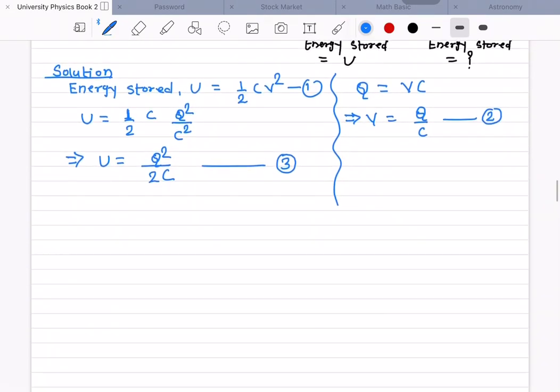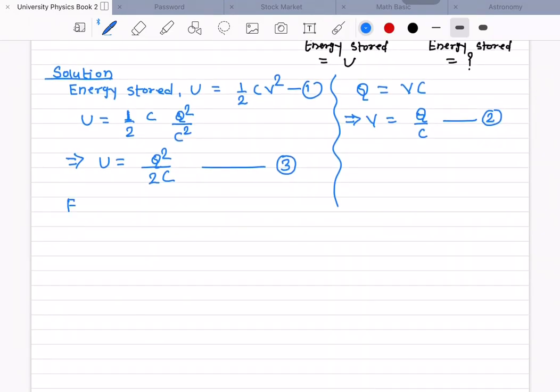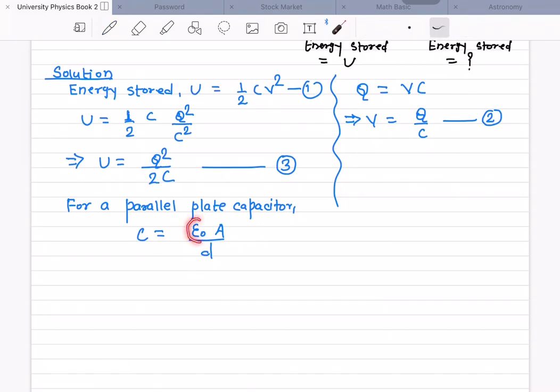For a parallel plate capacitor, the capacitance is given by epsilon naught A over D, where D is the distance between the plates, A is the area, and epsilon naught is the permittivity of free space. Let's call this equation 4, and I'm going to plug 4 into 3.